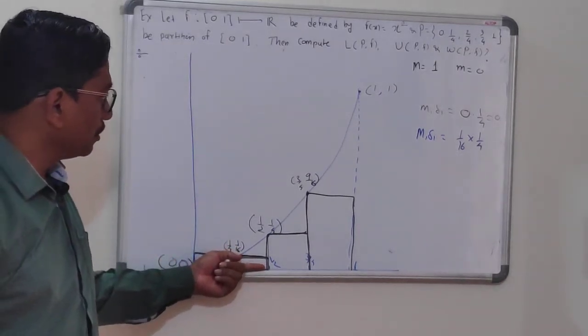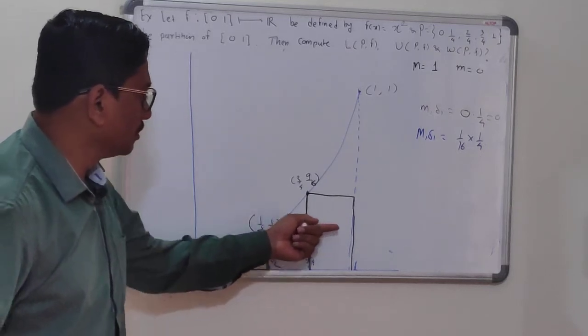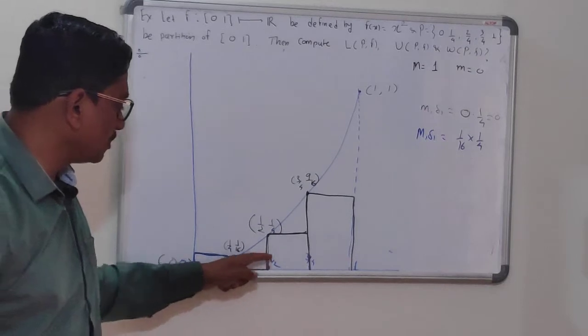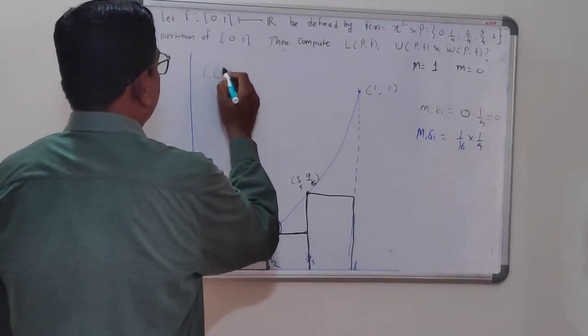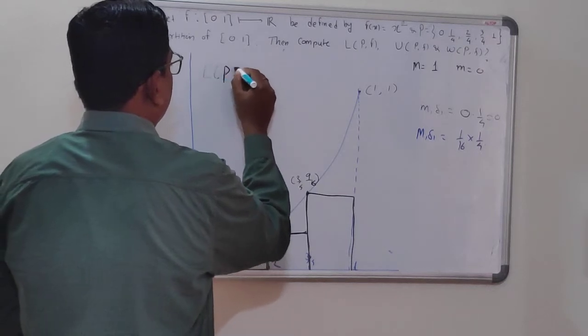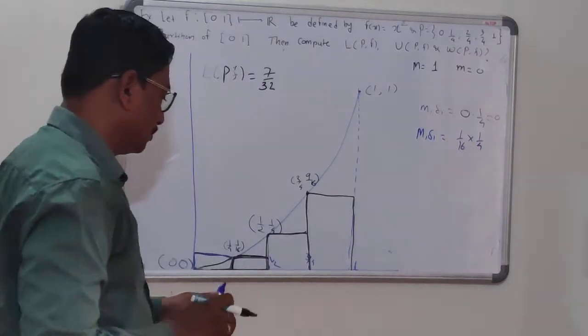This is 1 by 16 into 1 by 4 portion. This is another rectangle area. This rectangle sum area is nothing but your LPF that you have calculated. So what is that LPF? It is just 7 upon 32.